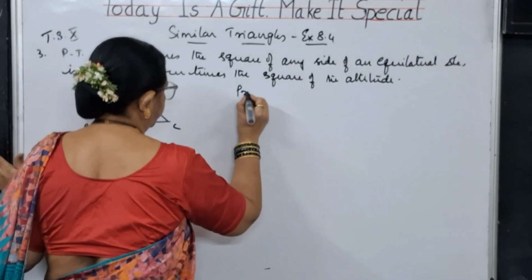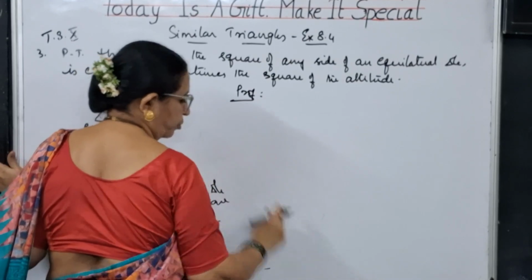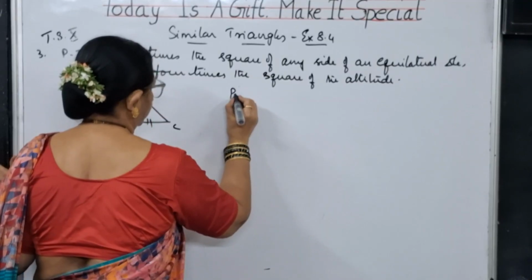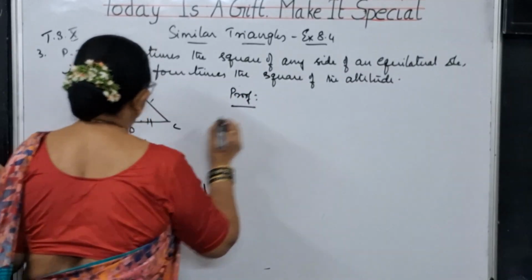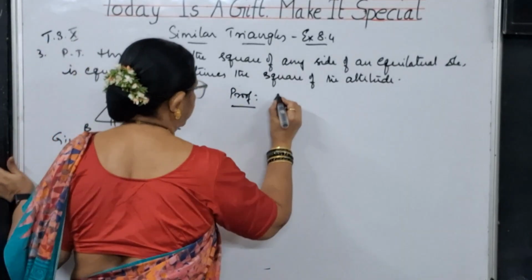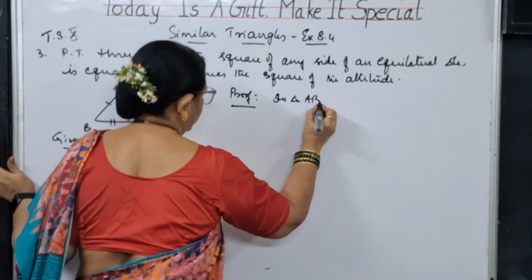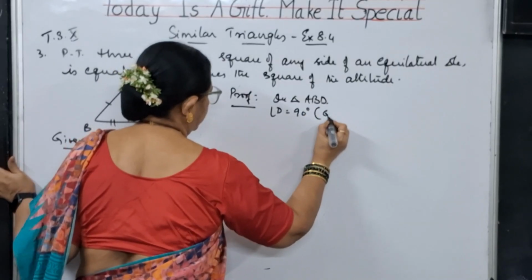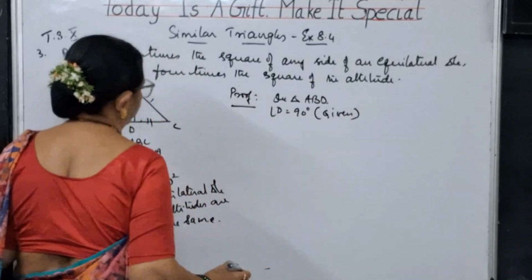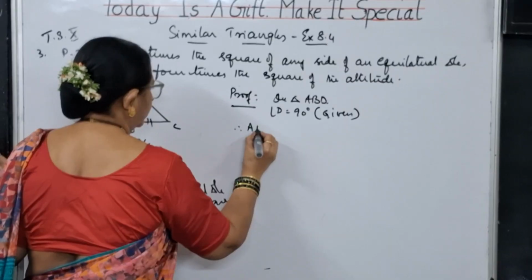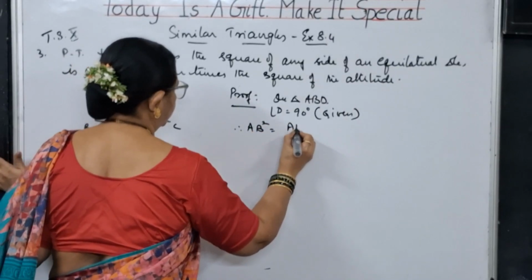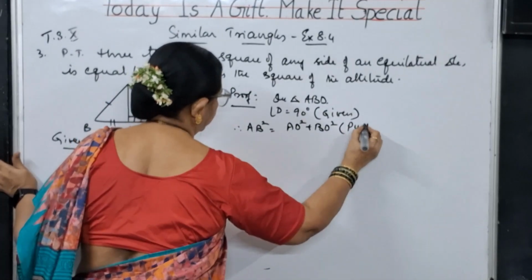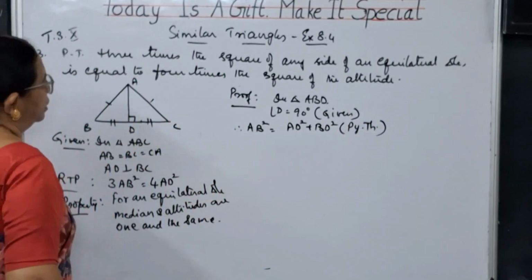So let us see the proof. For the proof, let me take triangle ABD. In triangle ABD, angle D is 90 degrees because it is given to us. Therefore, AB square is equal to AD square plus BD square basing on Pythagorean theorem.